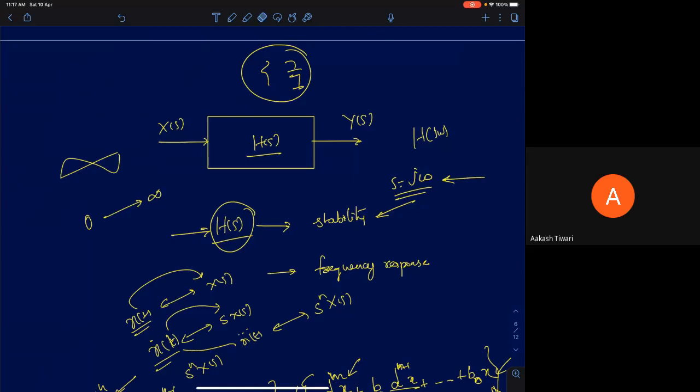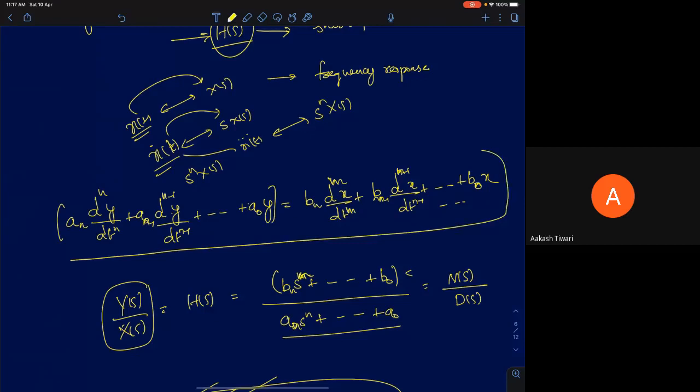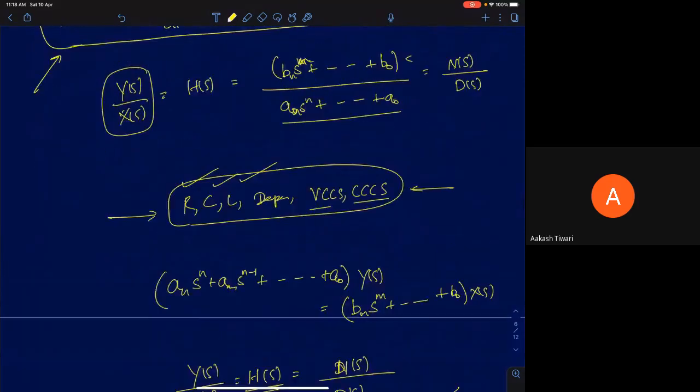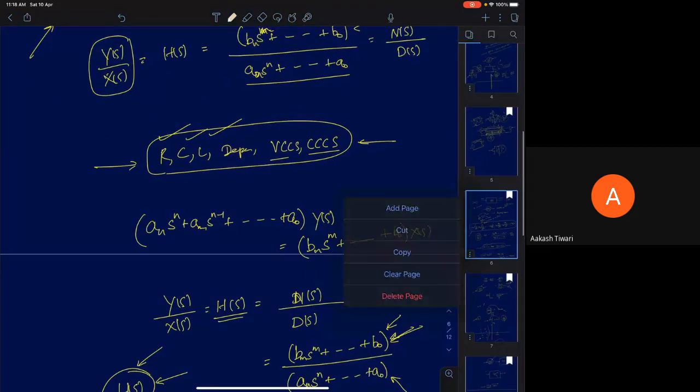Most linear time invariant systems can be expressed in this format. I very briefly discussed this last time, but I'm going to quickly repeat it. Most systems that can be characterized by linear differential equations can be written in this general form.